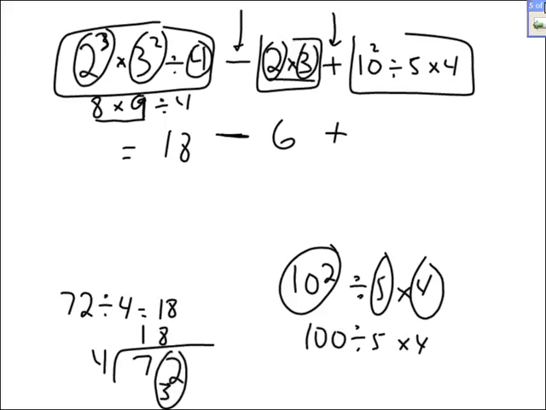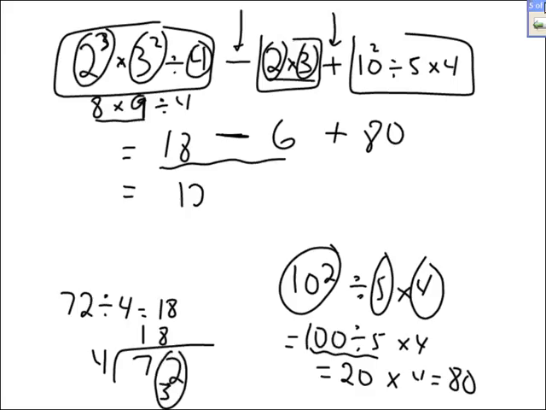You go left to right, whichever one comes up first. 100 divided by 5 is 20, nickels in a dollar. Work that out, make sure. 20 times 4 is 80. So here it is: 18 minus 6, which is 12, plus 80 more is 92.